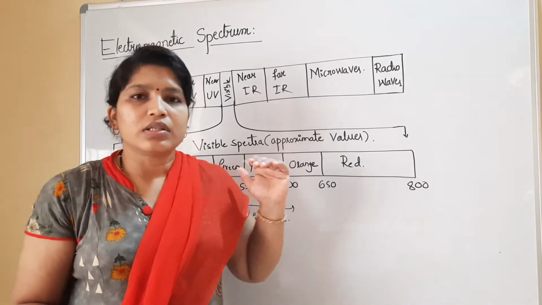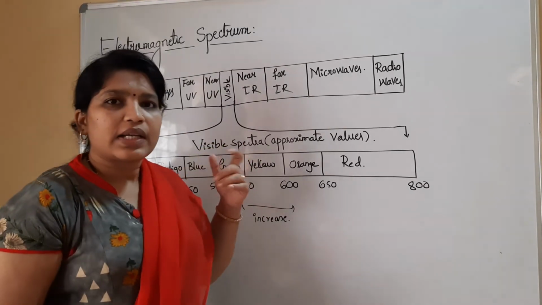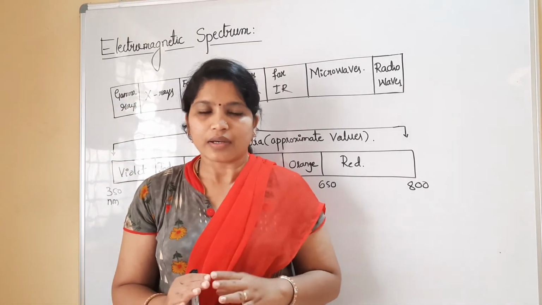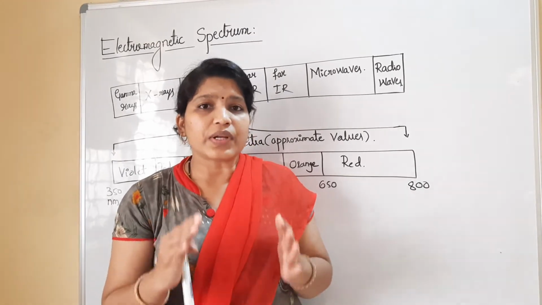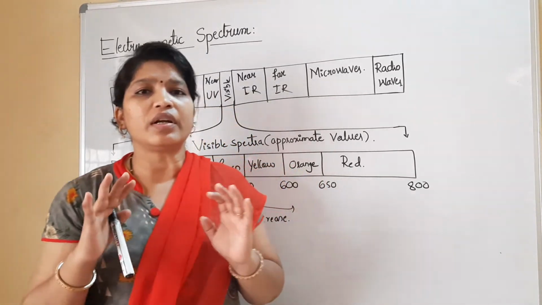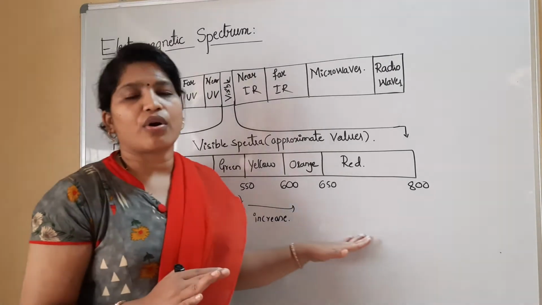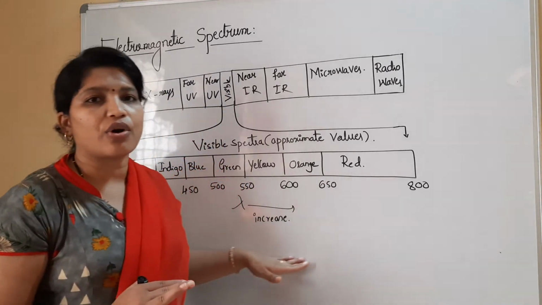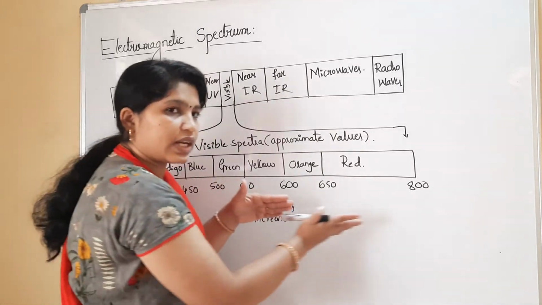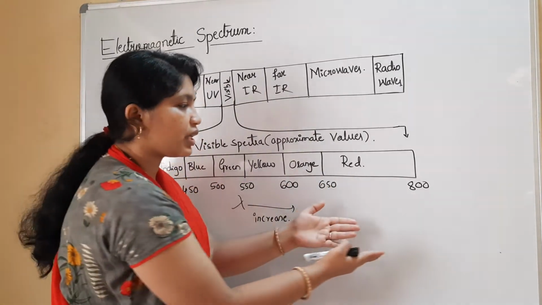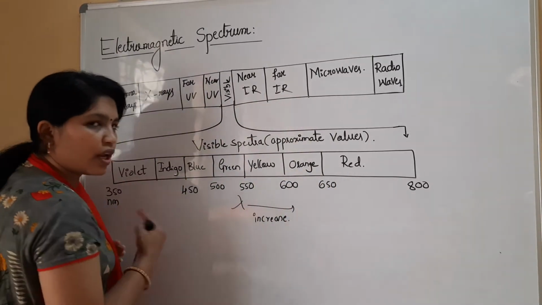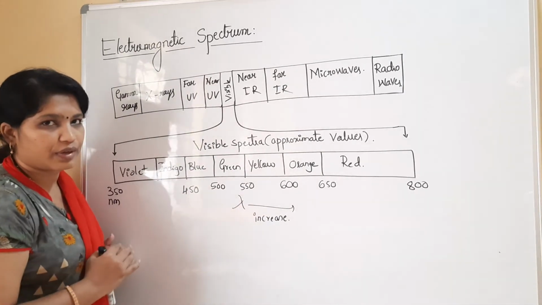I repeat, the term electromagnetic spectrum defines that it is a representation of different types of waves in their increasing order of wavelength or decreasing order of frequency. If it is increasing order, wavelength is increasing. If you consider right to left, it is decreasing order of frequency.